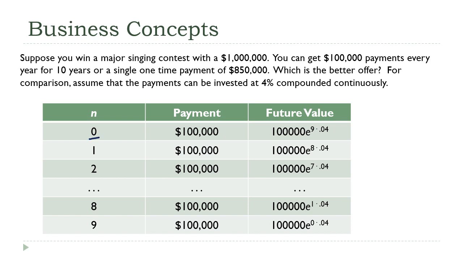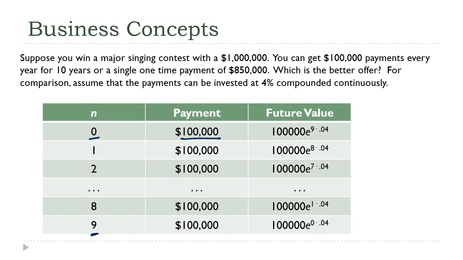Year zero, that's day one. You get a $100,000 payment. You're going to invest it at 0.04 for how long? Well, it's going to be for 9 years. It's going to be the whole 9 years until you finally get that last payment. That's why I've got a 9 up there.